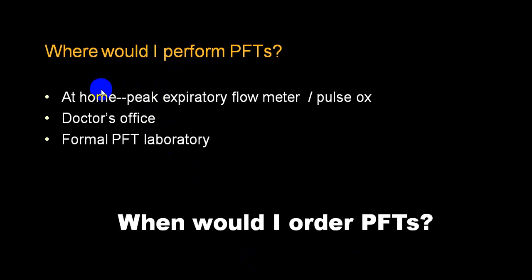Pulmonary function test can be done at home by peak flow rate and pulse oximetry. At clinics, you can go for both peak flow rate and pulse oximetry. And you require special laboratories where you can do pulmonary function tests like spirometry, peak flow rate, and others.